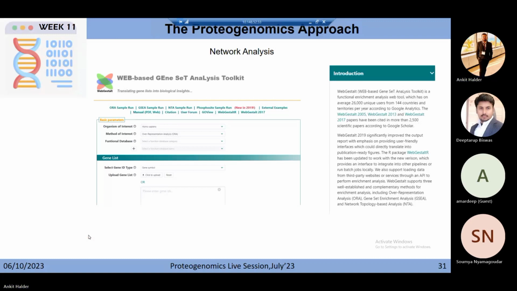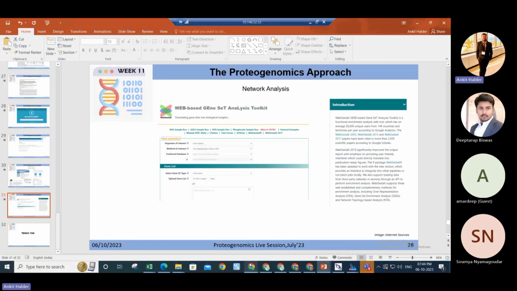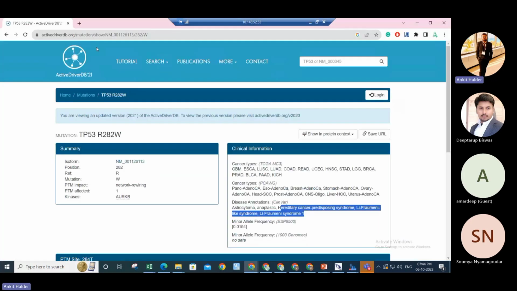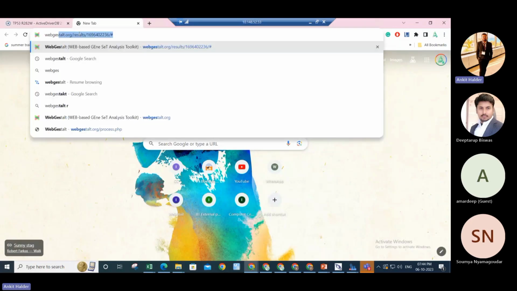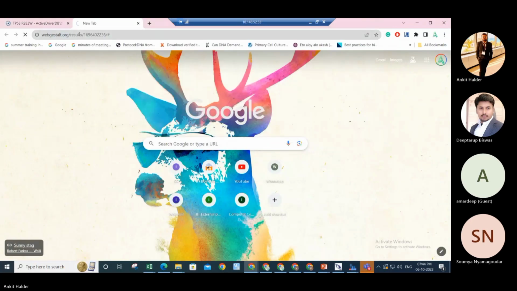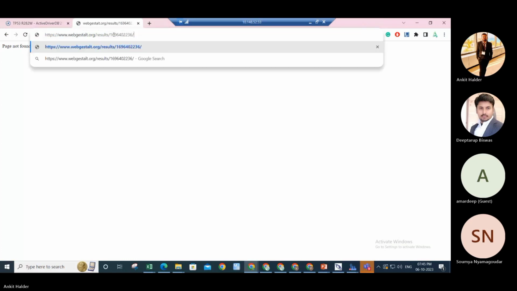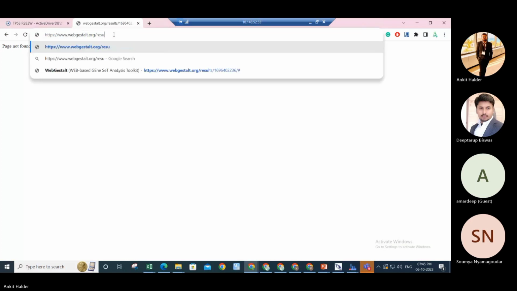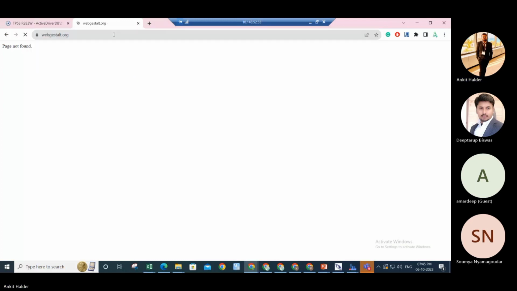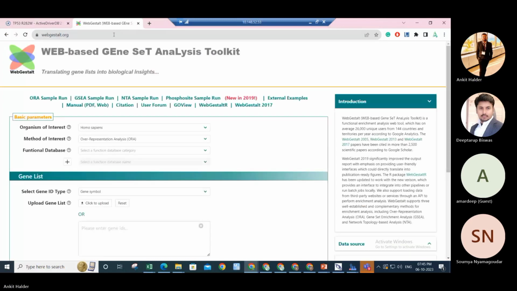So what I will do is, in ActiveDriverDB, you can see there are three options.